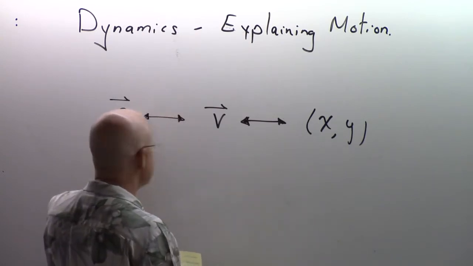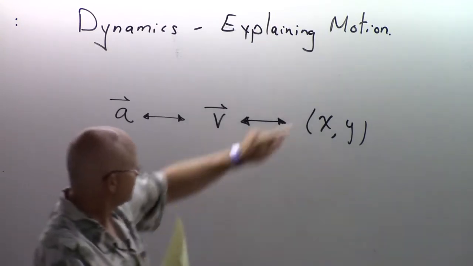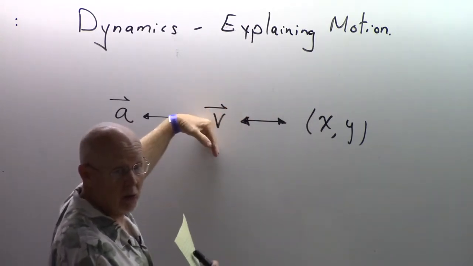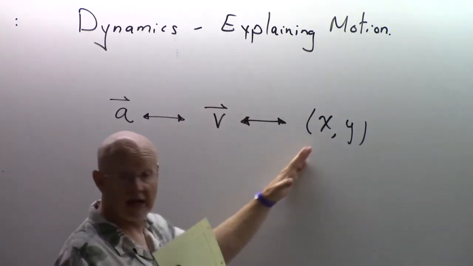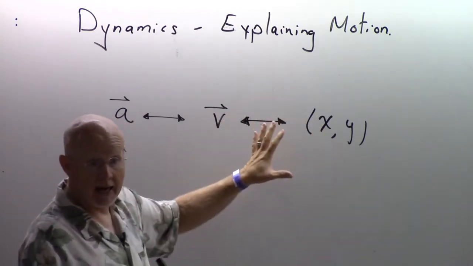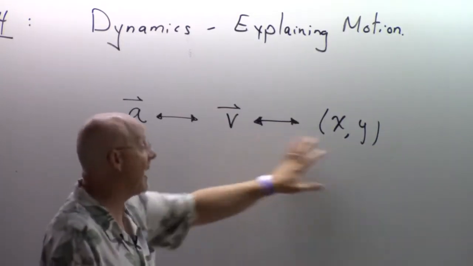This is just a slight modification of the diagram you saw, where the derivative of position is velocity, or the antiderivative of velocity gives you position. I'm going to drop that out of my diagram, but I want you to remember it's still there. This is how you go back and forth.